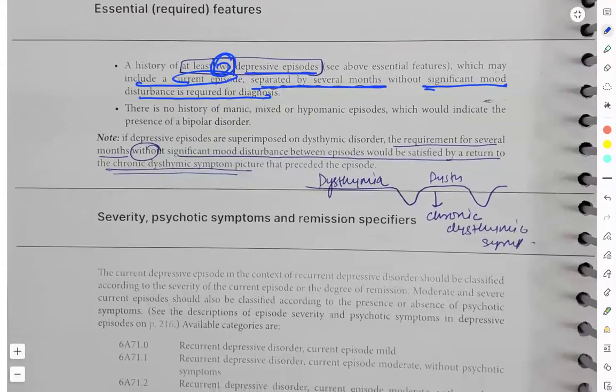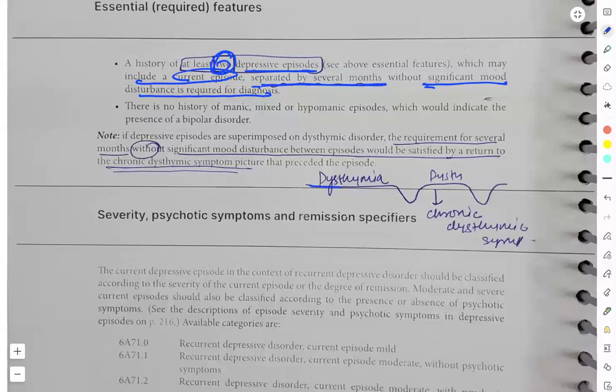And it also says, let's say the patient was in dysthymia, and then a depressive episode appears. How would you call it a recurrent depressive disorder? If the patient goes back to the chronic dysthymic symptoms, and then after a few months a depressive episode occurs again, you're going to say that this patient is having recurrent depressive disorder with dysthymia.